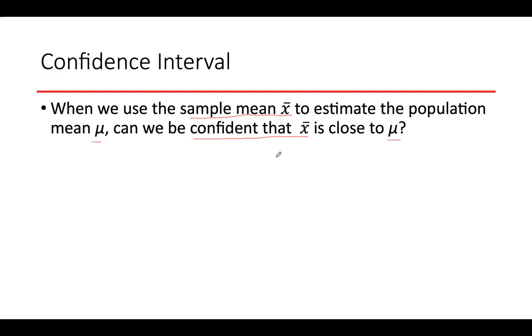So we are finding X bars from our samples, but how confident are we, how can we be confident that this X bar is close to mu? Okay, that's what we will be doing in the next couple of minutes.